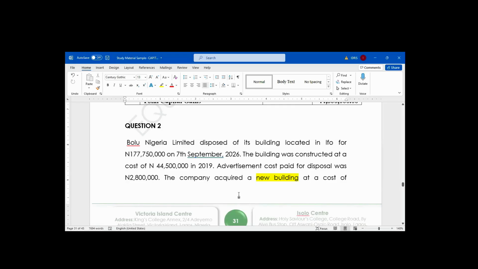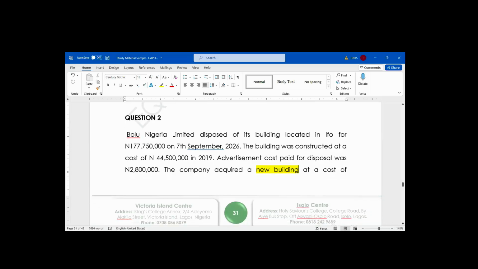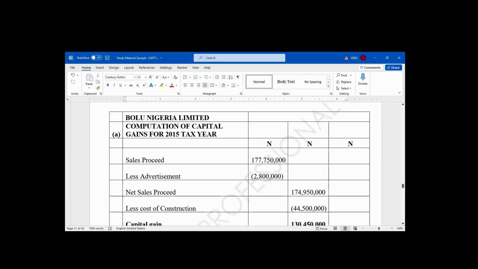When we dispose the asset, we pay advertisement cost. What do we do to that advertisement cost? Less it from the sales proceed, from the disposal amount. 177,750,000 minus 2.8.